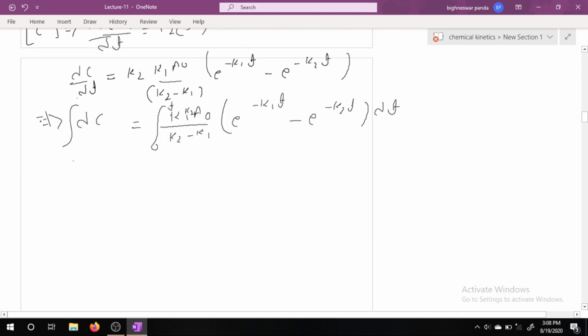If I take limit 0 to t, C is equal to k1 k2 A naught divided by k2 minus k1. What is the integration of e to the power minus k1t?